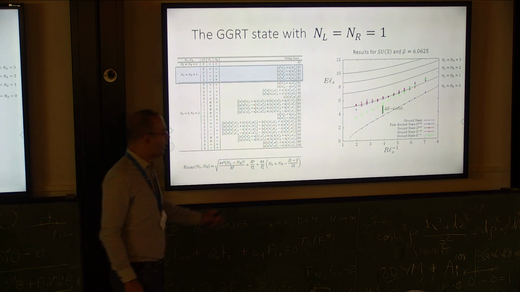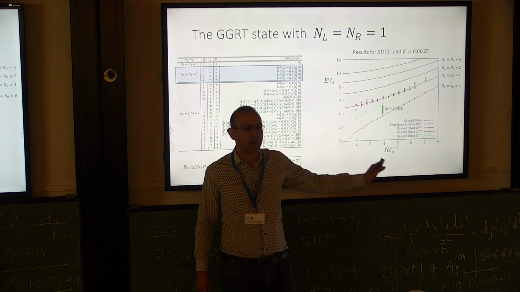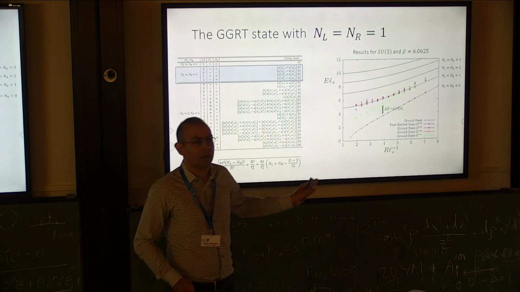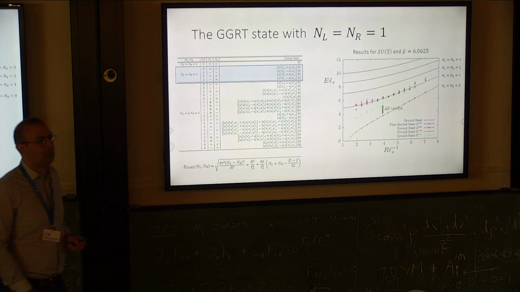Well, in SU2 you can cross the critical temperature, but it's a second order phase transition. You cannot supercool or superheat second order phase transitions. You can do it for first order, not for second order.